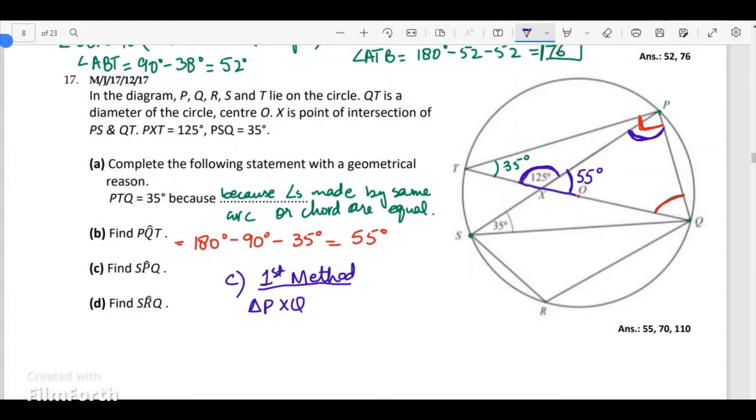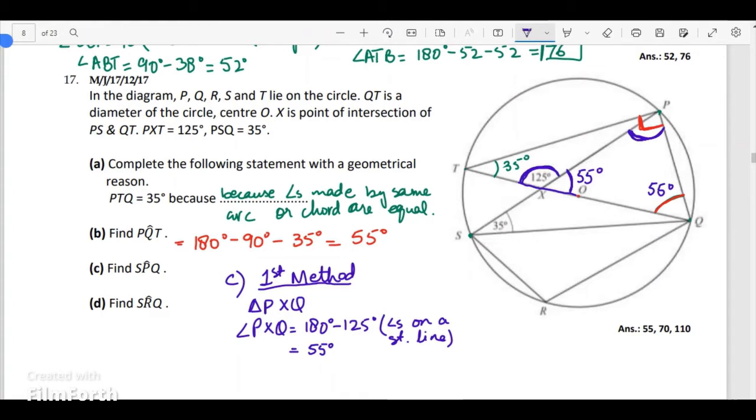This is what I figured out in B part. So angle PXQ would be equal to 180 degrees minus 125 degrees. Why? Because they are angles on a straight line, and hence the answer is 55 degrees.